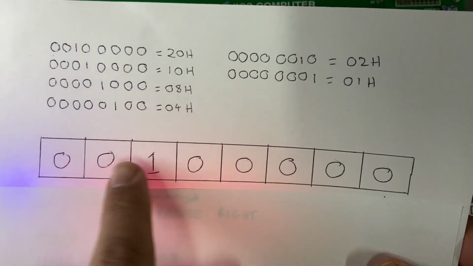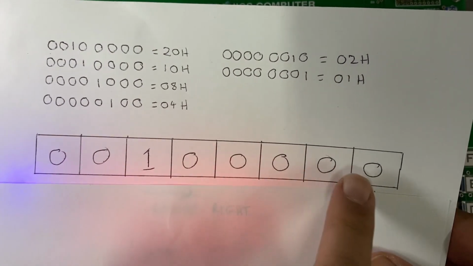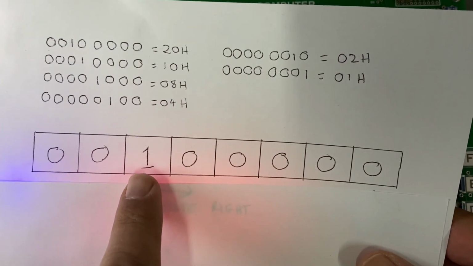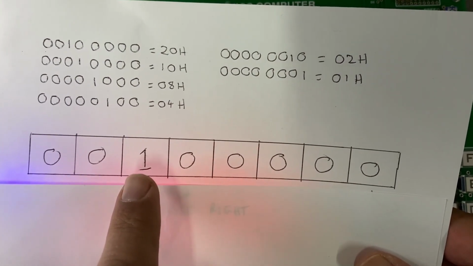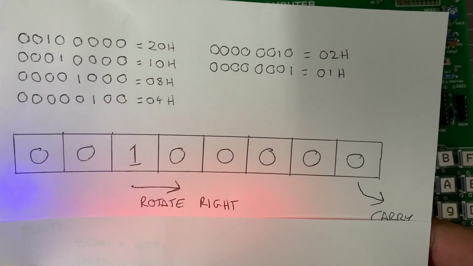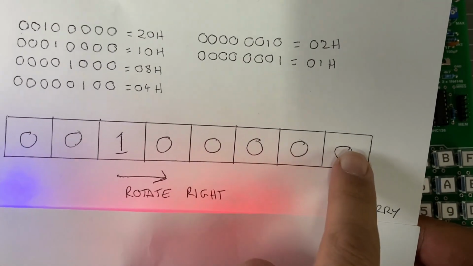So if we look at the bits on the output scan latch here, this is bit 5 that we want on for the firstmost. This represents 20 hex. All we need to do is rotate it one to the right. And then what happens when the bit comes off the end?